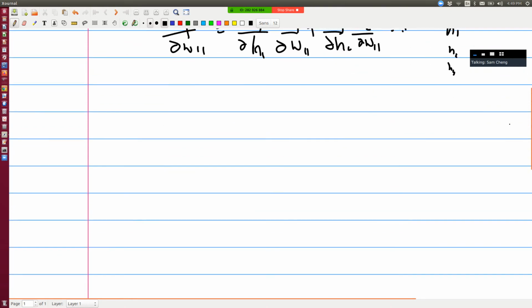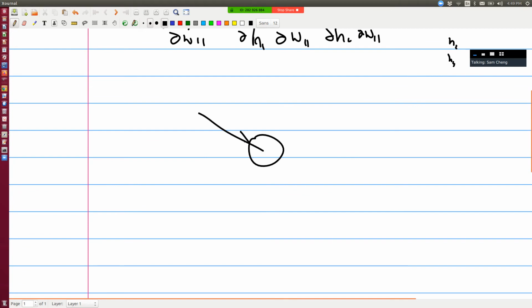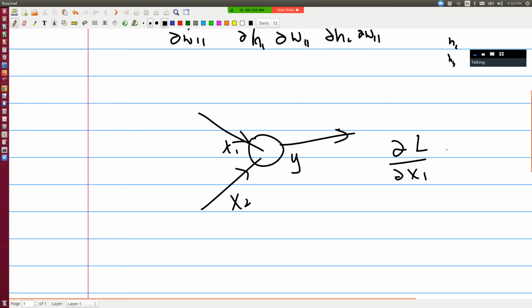Now maybe I go to exactly one node here. If this output is Y, and these are X1 and X2, then partial L partial X1 is equal to partial L partial Y times partial Y partial X1.